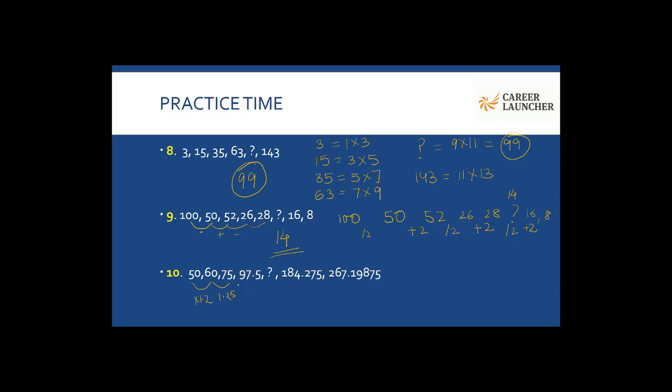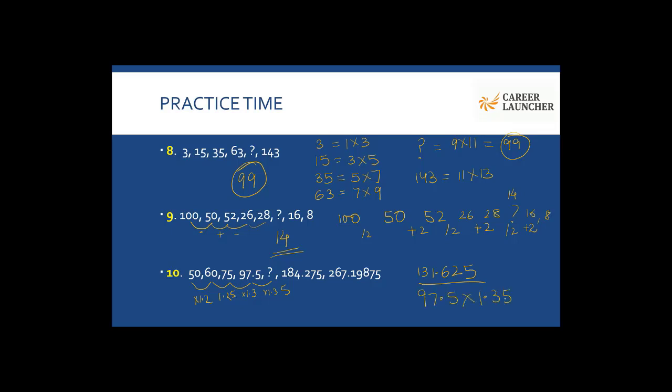75 into 1.3 is 97.5. The next number will be obtained by multiplying 1.35, and that gives us our answer as 131.625, which is obtained by multiplying 97.5 into 1.35.